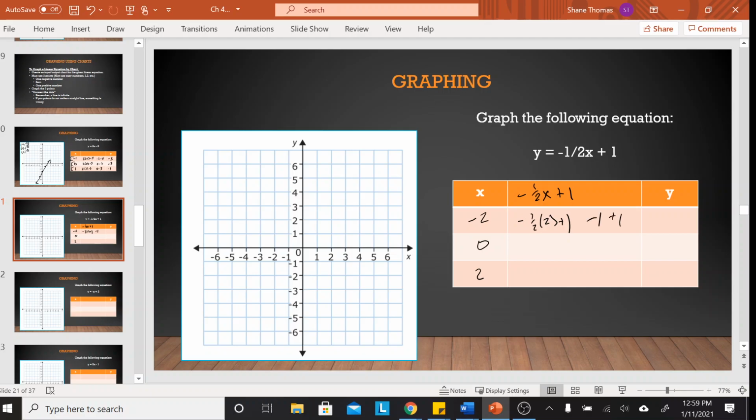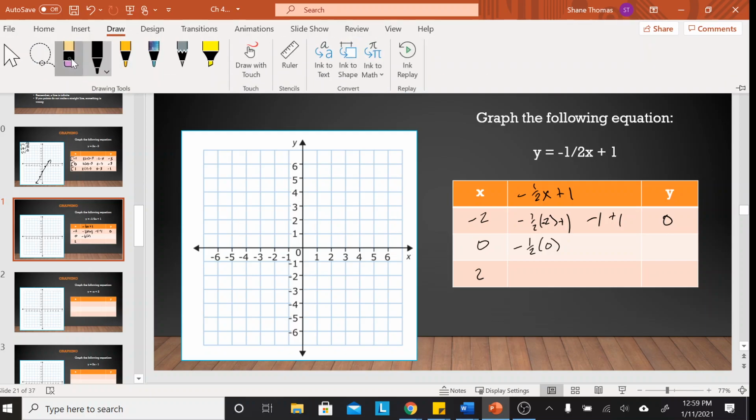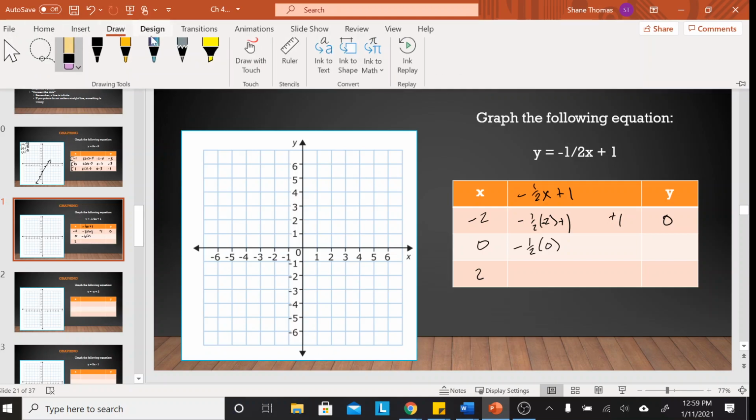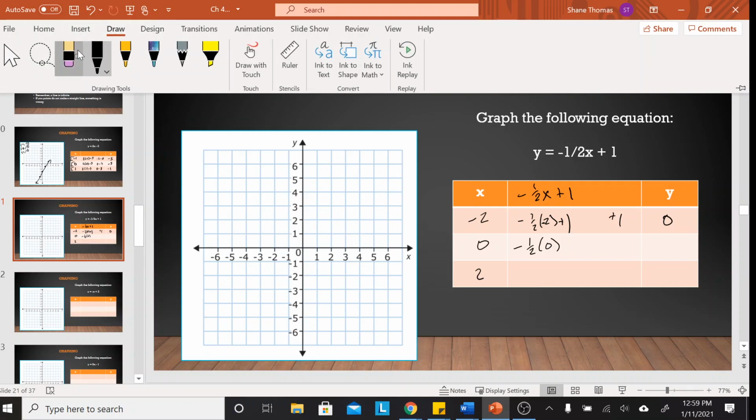Then negative 1 plus 1 is going to be 0. Second one, negative 1/2 times... oh, this should be a negative 2. Sorry. I'm messing up all over the place on this one. I put in a positive 2, not a negative 2.